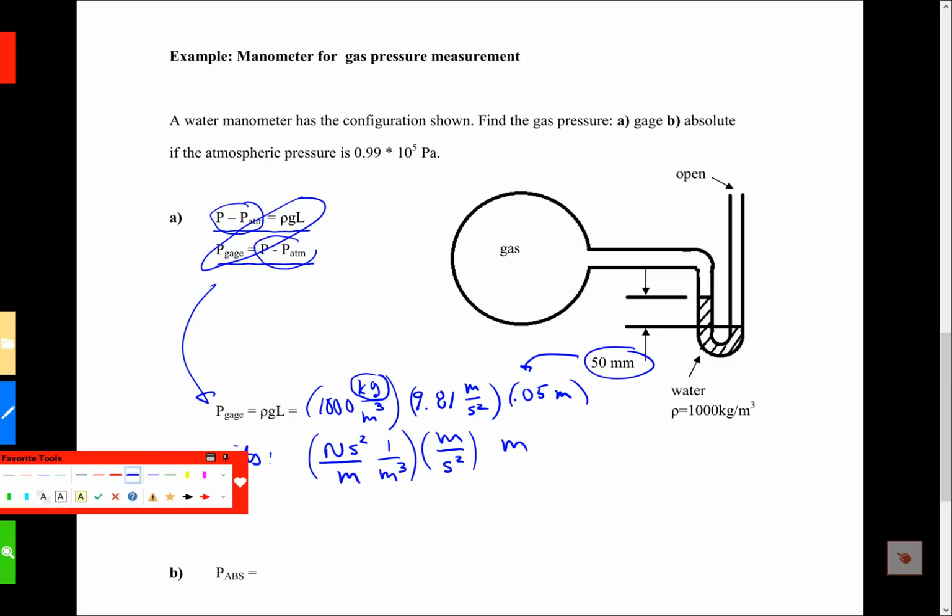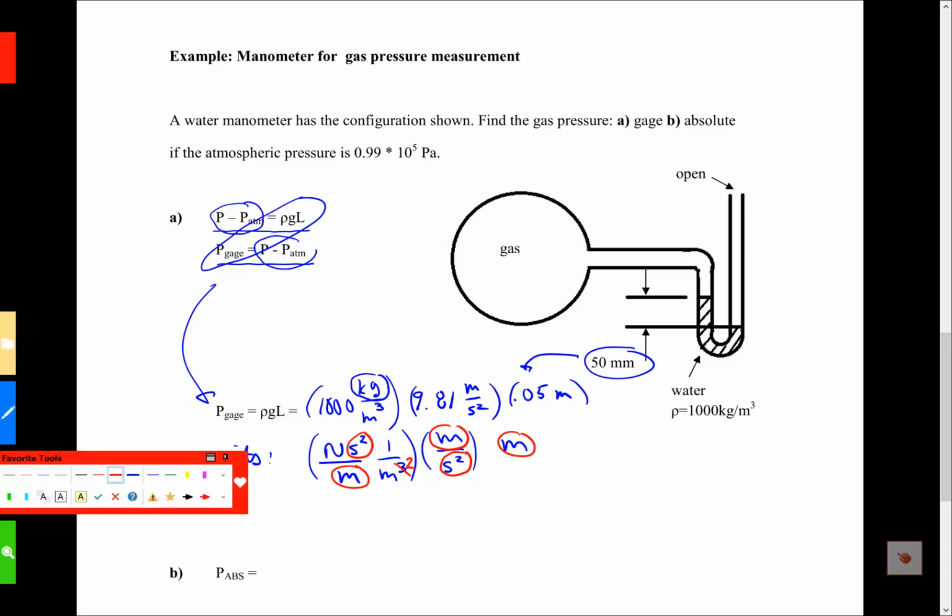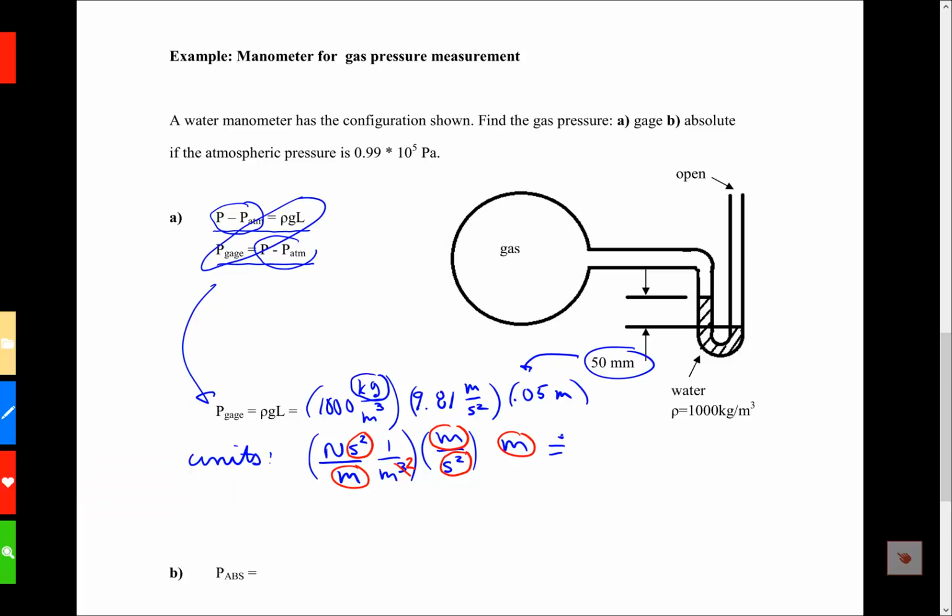We can do some cancellations in here. The second squared is going to go out. This meter is going to cancel this meter, and this meter will change this 3 to a 2, and then we can find that the units are going to be just newtons per meter squared. That's the same as a Pascal.